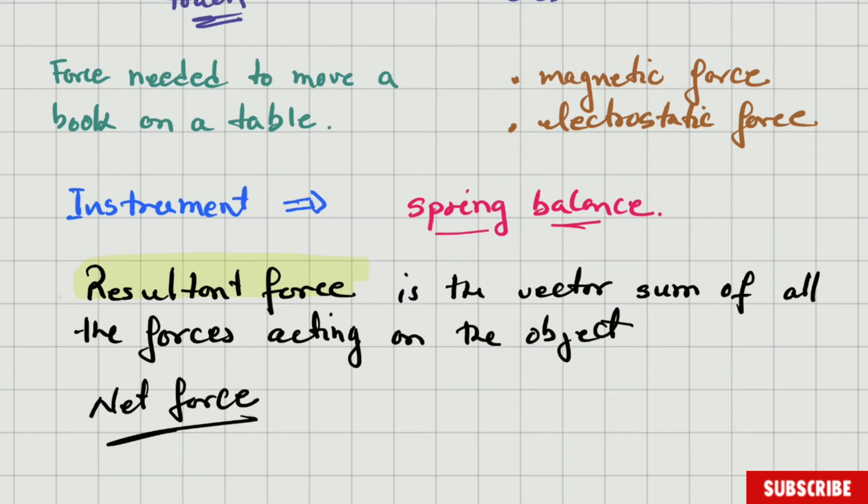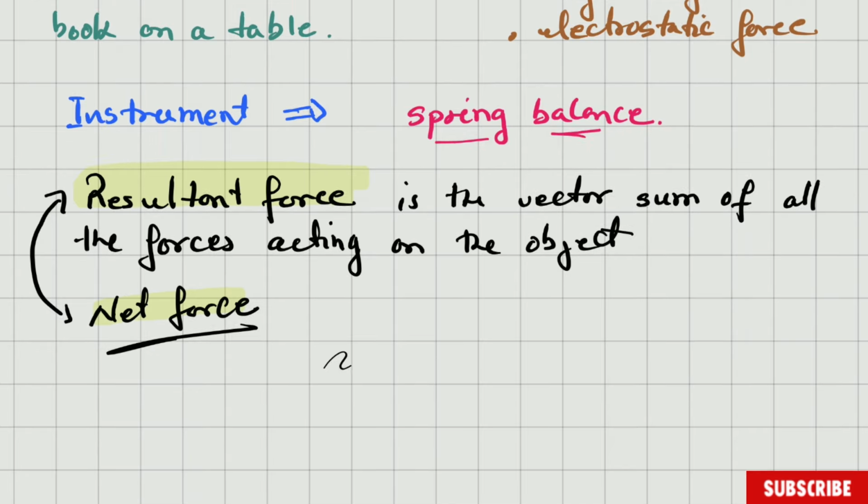It's the same thing. The symbol for resultant force is either Fr, which is a vector quantity, or F net, or even the sum of the forces. Any of these symbols is correct and all of them represent resultant force.